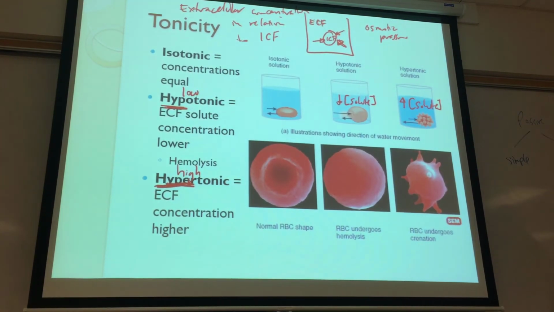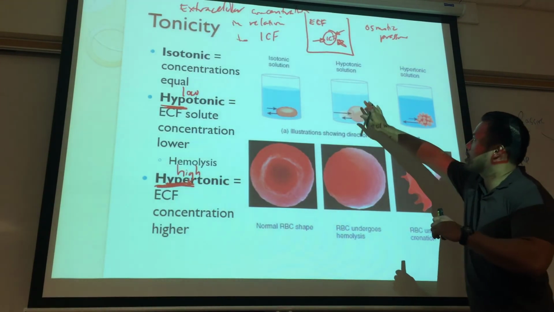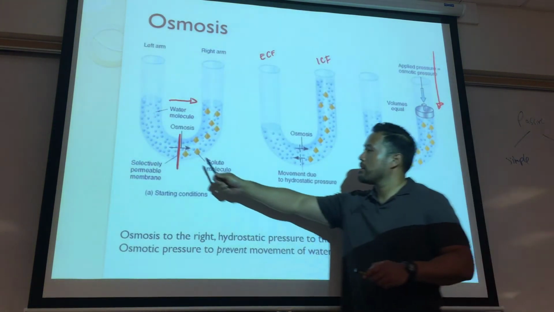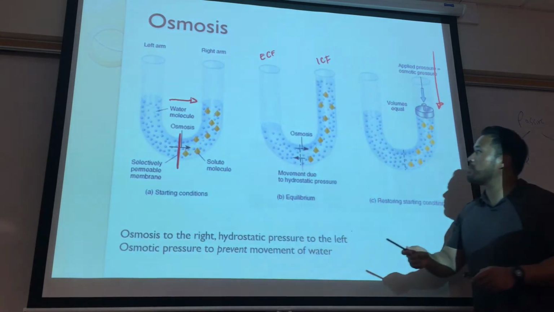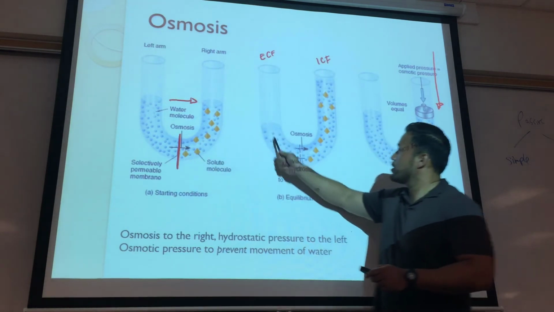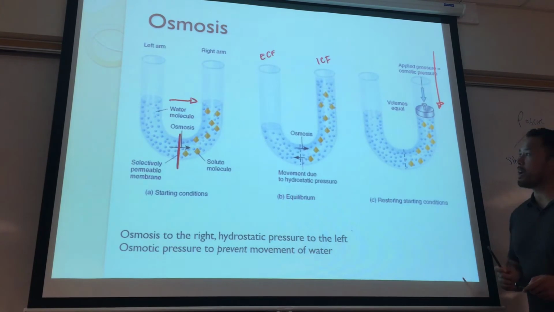Before I get into an example that I've seen before, let me talk about what a hypotonic solution does. If we have a low concentration of solute, and this is the extracellular fluid and this is the intracellular fluid, the direction of water wants to go in.